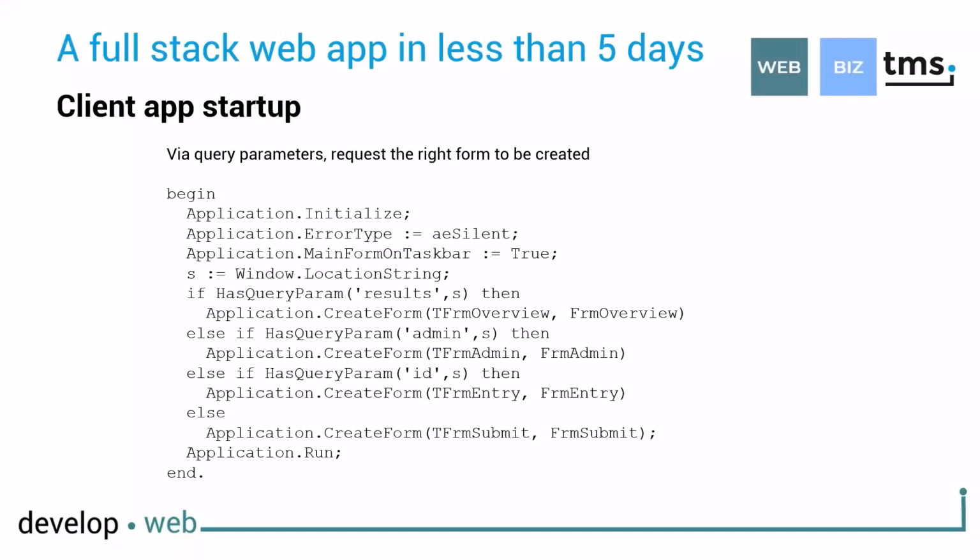When the URL query parameter includes the ID, that means that it shows the form with just one particular entry, the entry that matches the ID that is passed on to this URL request parameter. And finally, when no query parameters are specified on the URL, it launches the standard submission form, which is the TFormSubmit.